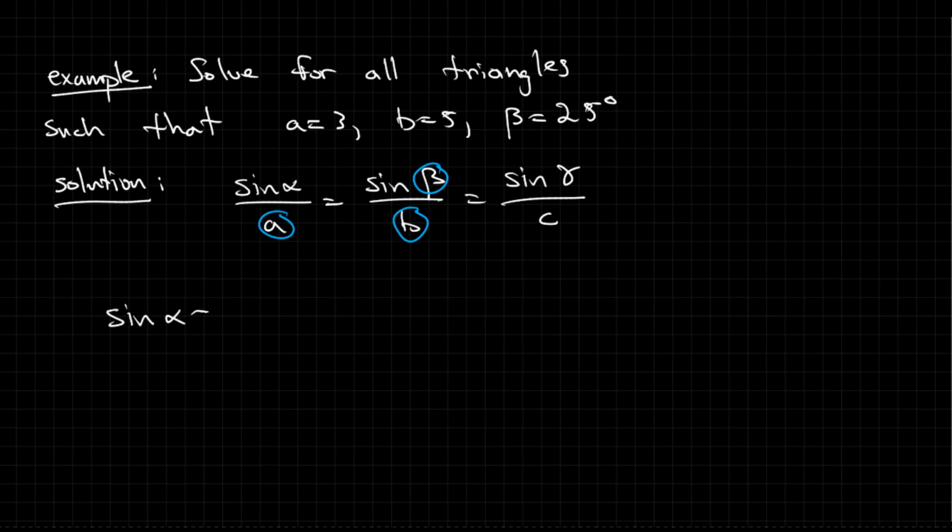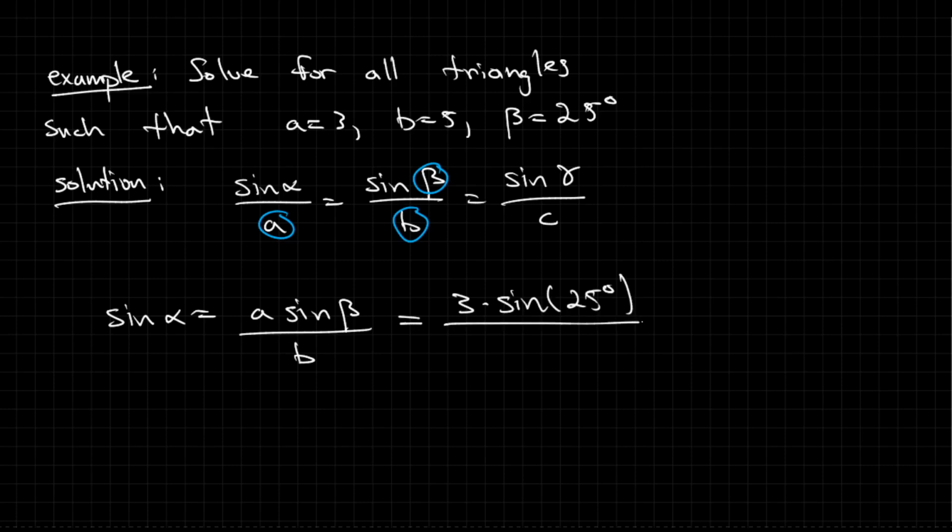Sine of alpha is a sine beta over b, which is 3 times sine of 25 degrees, all divided by b, which is 5. And so sine of alpha is 0.254, and alpha again has to be between 0 and 180 degrees.